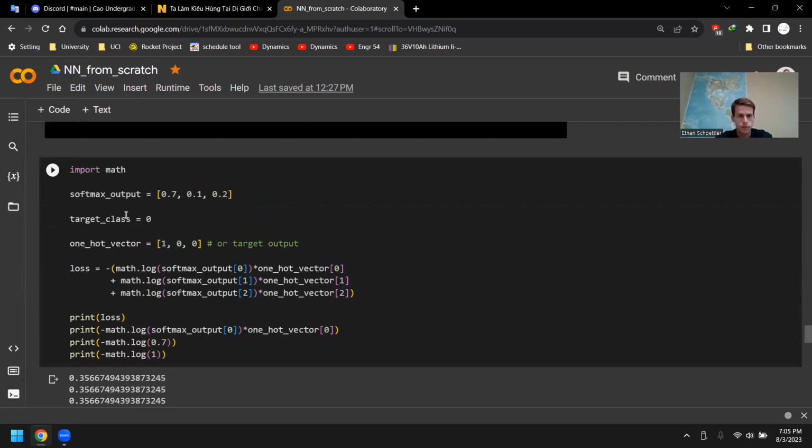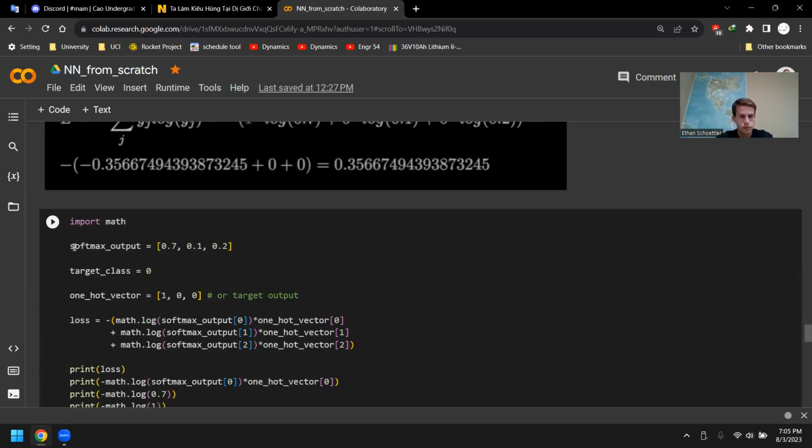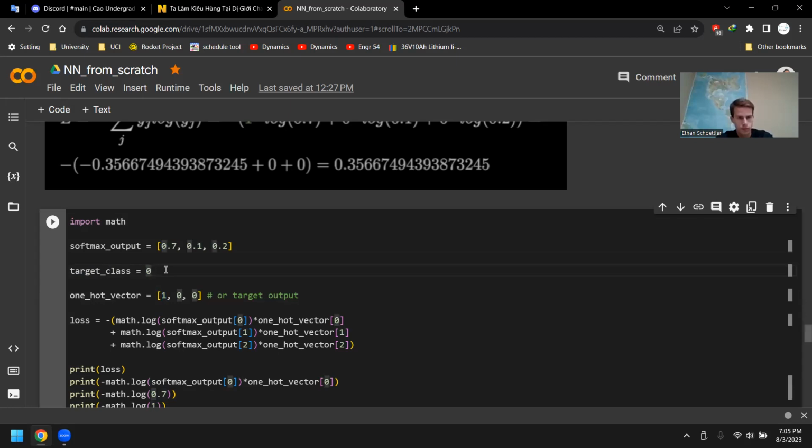Okay, and this is exactly the same as what I just said. You have an output from the neural network. You have a target class, which is 0. So, for example, this one is a cat. For the real data, the image is a cat, so you can have a one hot vector of 1, 0, 0, because the index is 0 here.